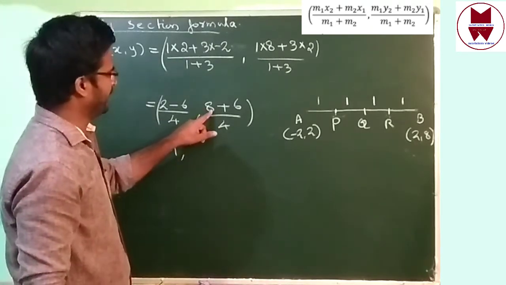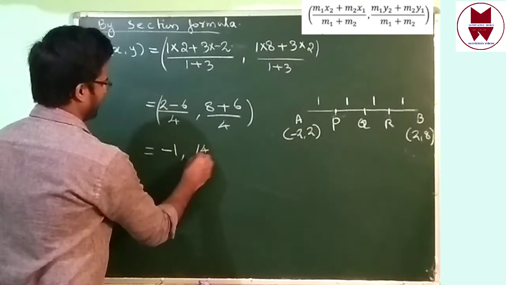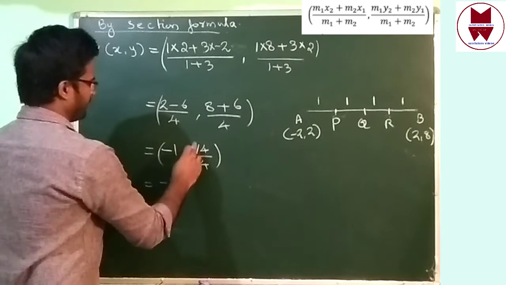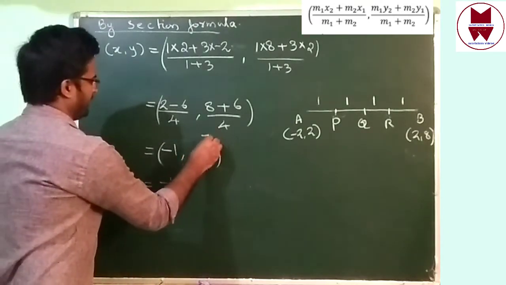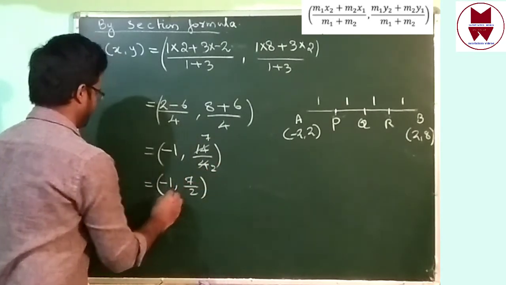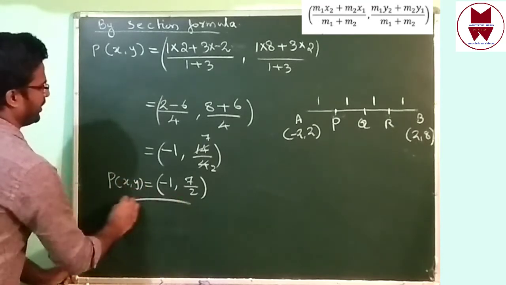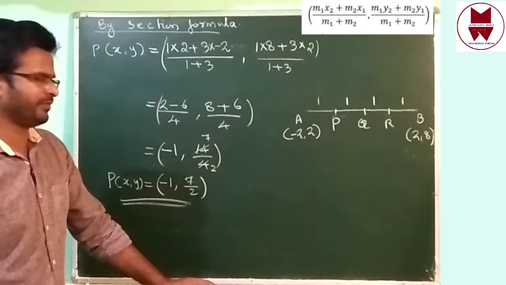And then in here 8 plus 6, 14. 14 divided by 4, 14 and 4 just cancel by 2. 7 times, here 2 times. 7 by 2. Now we got the first point, that is minus 1, 7 by 2.